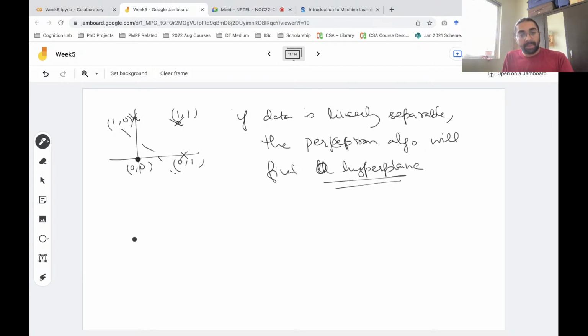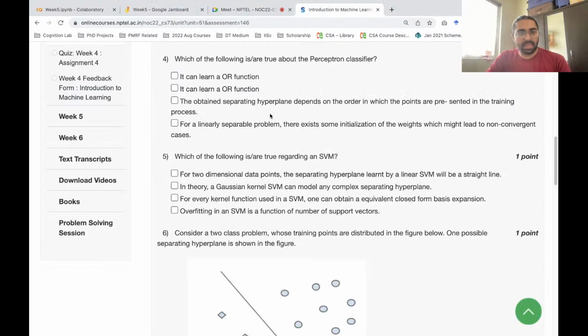So depending on the order of presentation of the training data points, it will end up in a different position compared to a different order. That's the reasoning why this particular statement is true. All right.